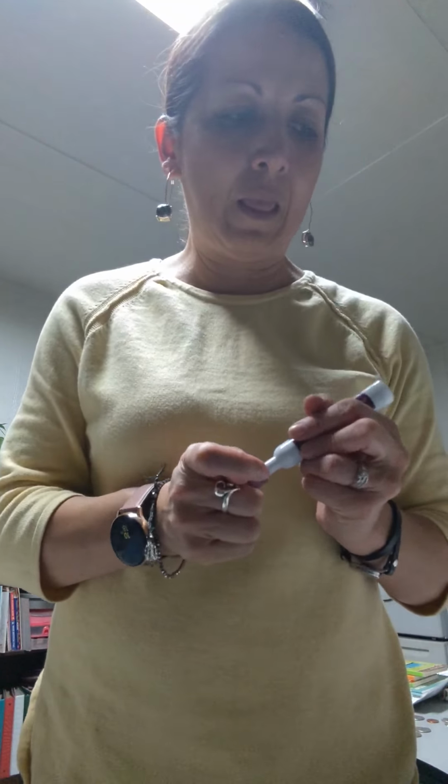So let's just go through our picture cards. You're trying to listen for the sound that you hear. A says ah, cat. Little a says ah for flag. Big B says buh for bear.